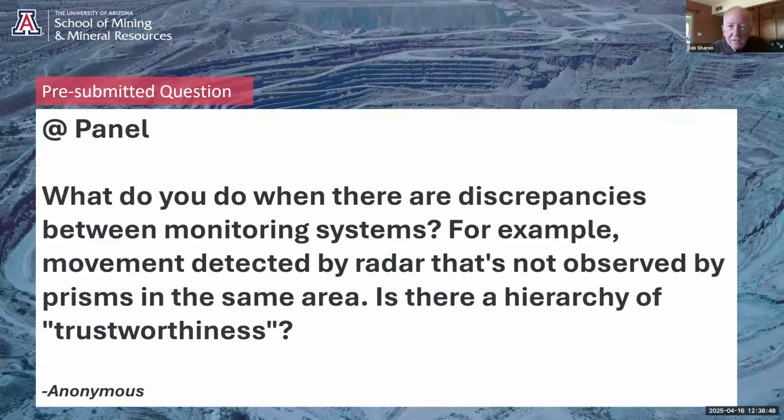Yeah, I'd like to add to all of these comments. I think Nani makes a good point about having a good understanding of the capabilities and limitations of these different types of instrumentation. I think there are opportunities for improvement with people who are using these instruments, in that there tends to be an over-reliance on a particular type of instrumentation because the operator finds it easy to work with and quite reliable.